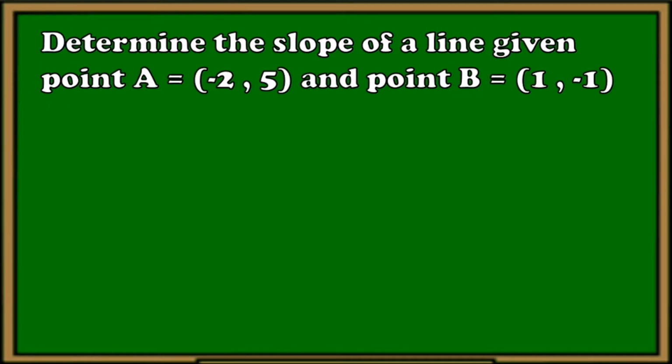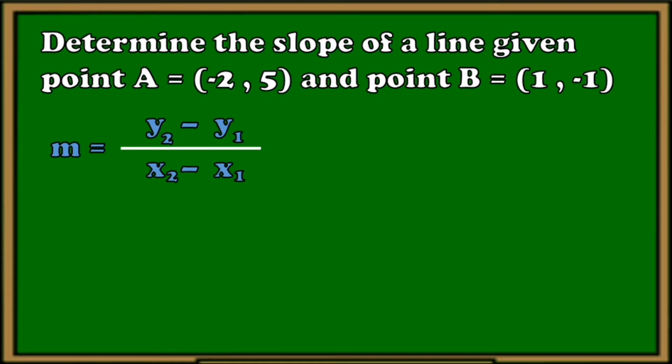Let's try this given. Determine the slope of a line given point A with coordinates -2 and 5 and point B with the coordinates 1 and -1. Again, we're going to use the formula m is equal to y sub 2 minus y sub 1 all over x sub 2 minus x sub 1.